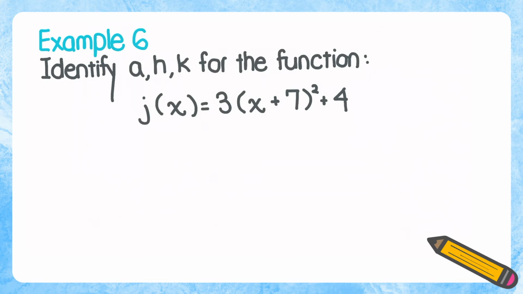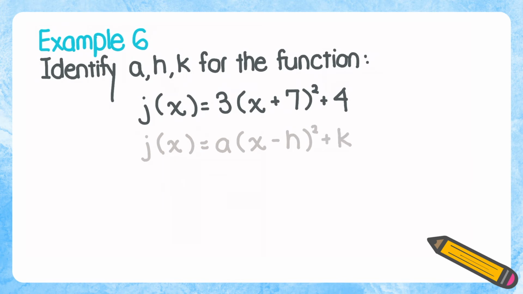So identify a, h, and k for this function. j of x equals 3 times x plus 7 quantity squared plus 4. Let's first compare this given function with the general vertex form. The general vertex form would be j of x equals a times x minus h squared plus k.